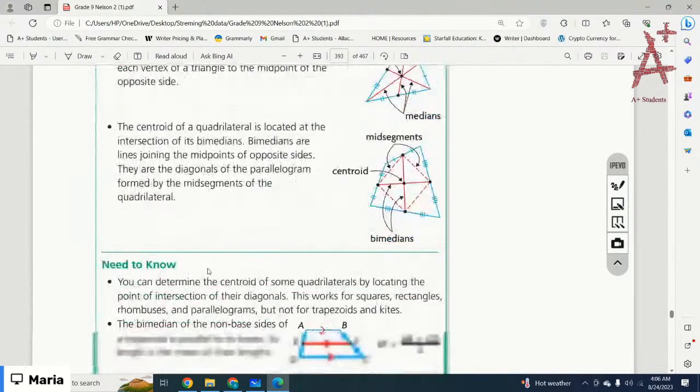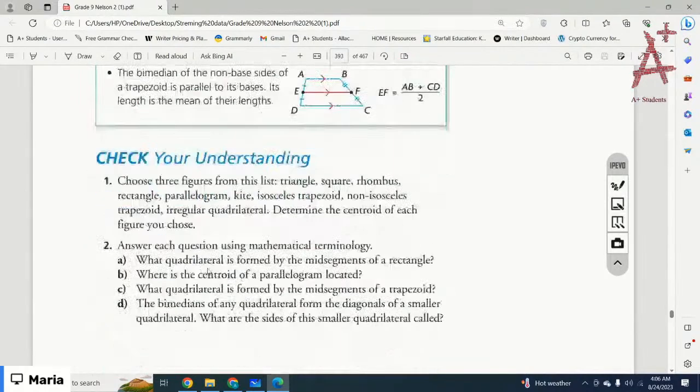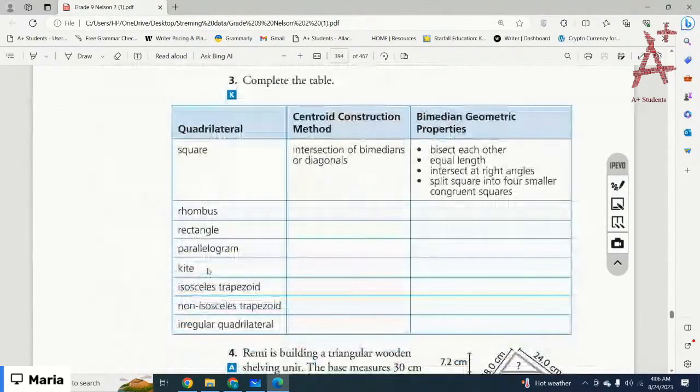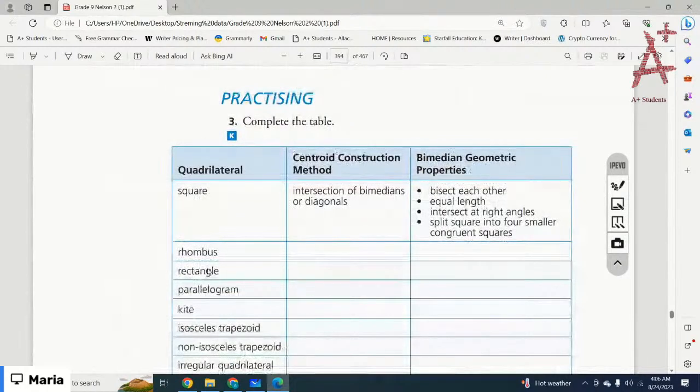Okay, let's start with question number 3. So you have to complete the table.